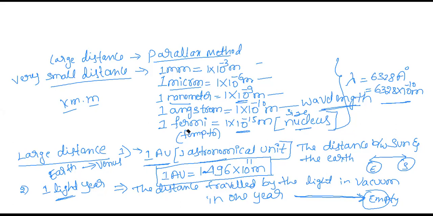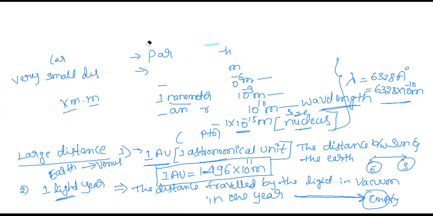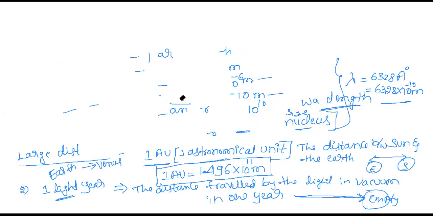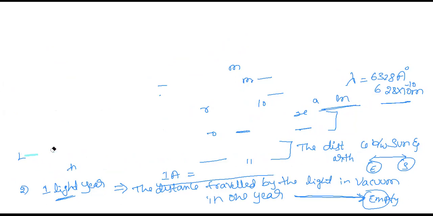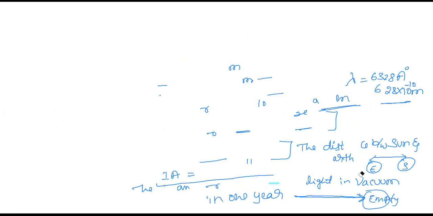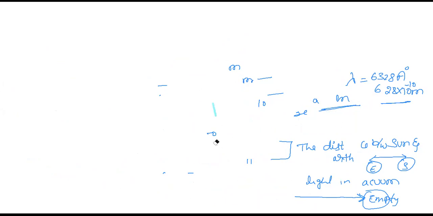Then what is the value of 1 light year? How do we get the 1 light year value? Next, 1 light year is a distance traveled by a light, so it depends on the speed of light. At what speed is the light traveling? What is the speed of light? Does anyone know the value?